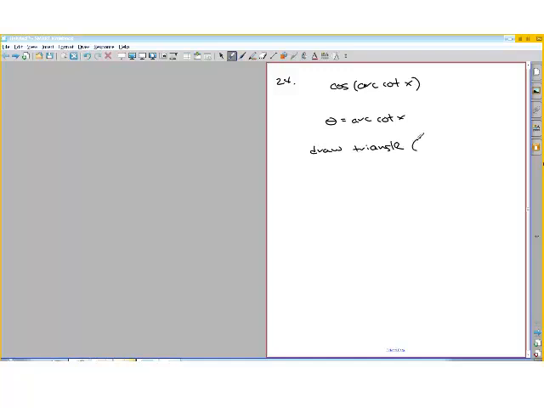Right triangle. So here's our right triangle. We're going to say this is the angle theta. The cotangent is x, which is the same as x over 1.